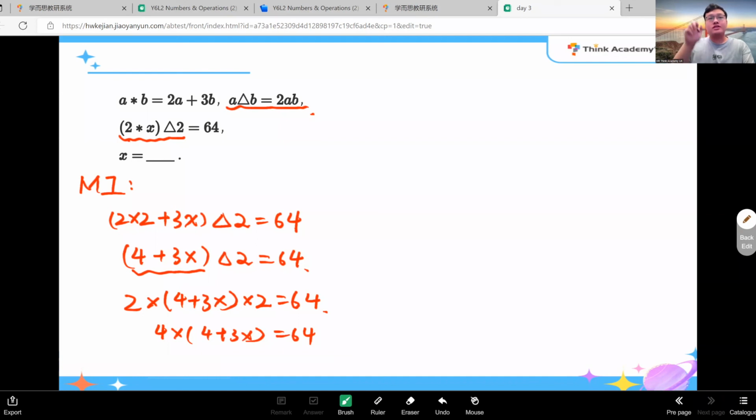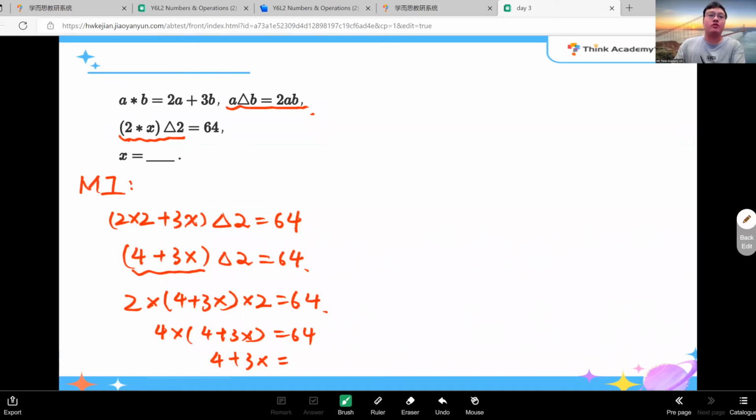So we got 2 different ways to solve that. You can just divide by 4 from both sides or just remove the bracket. So I like to take divide by 4 first. So 4 plus 3x equals to 64 divided by 4, what you get?